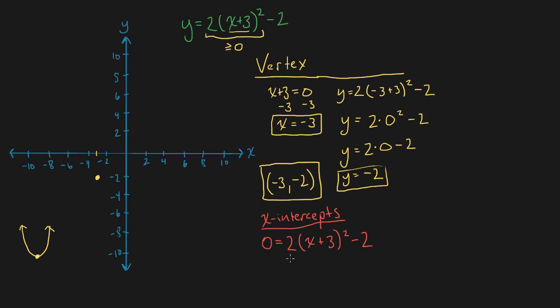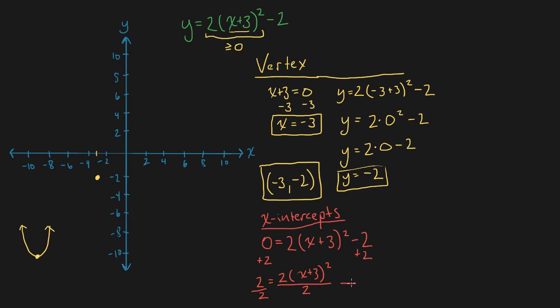So I can simplify this by adding 2 to both sides. And that gives me 2 is equal to 2 times x plus 3 squared. And then I want to divide both sides by 2. So I'm left with just the parentheses squared on this side.